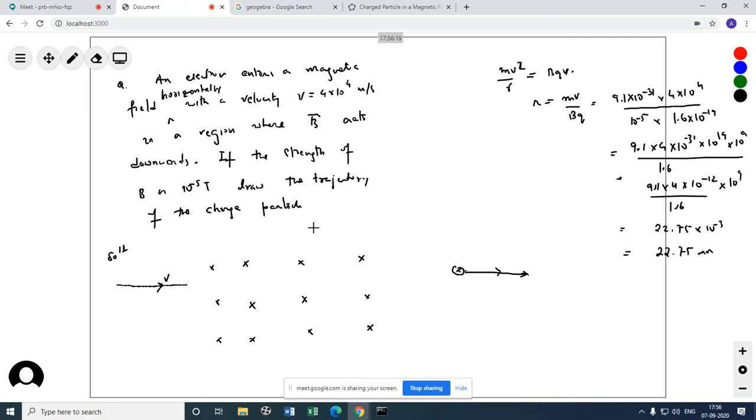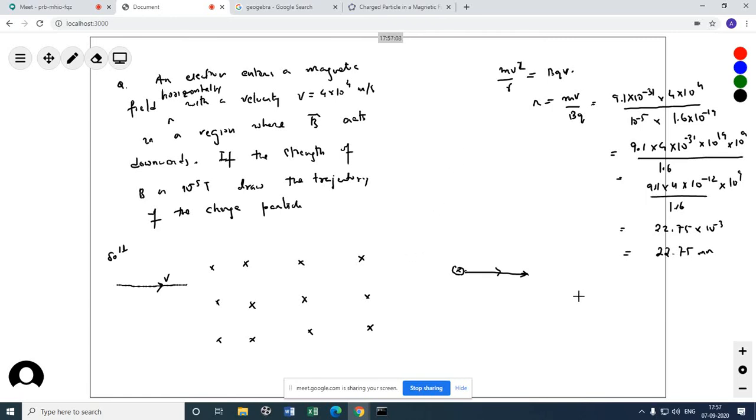Just a minute, I think I have given the question right. It doesn't matter if it's horizontal, with a velocity. Cross product, V cross B. Look, what is the force experienced?